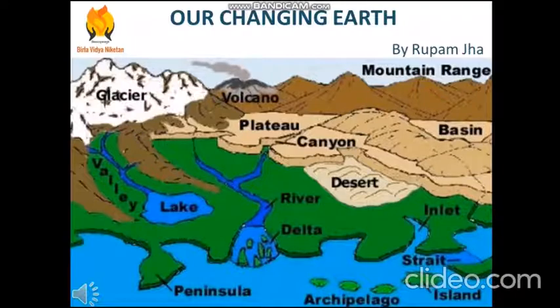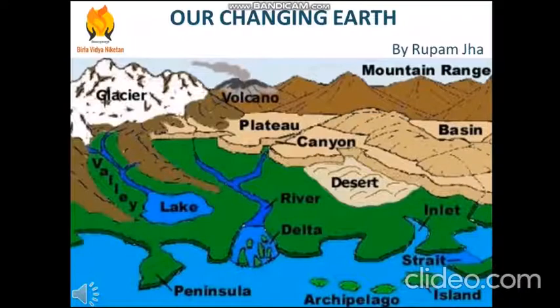Now the lithosphere, as I told you, is broken into a number of plates known as lithospheric plates. Now, it is very surprising to know that these plates move around very slowly, just a few millimeters each year. This is because of the movement of the molten magma inside the earth, which moves in a circular manner.